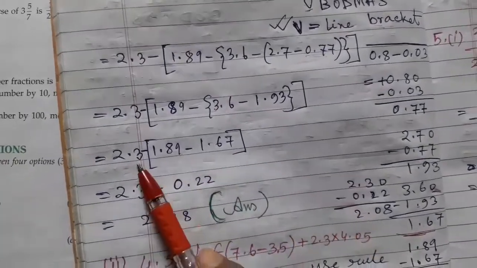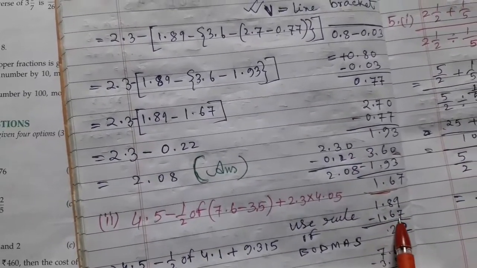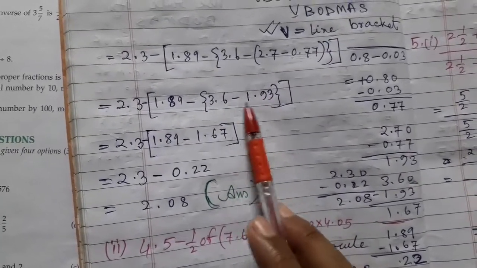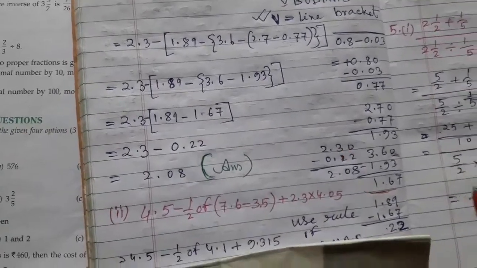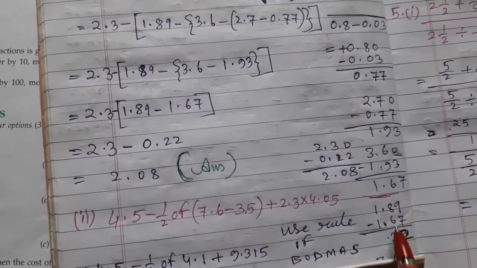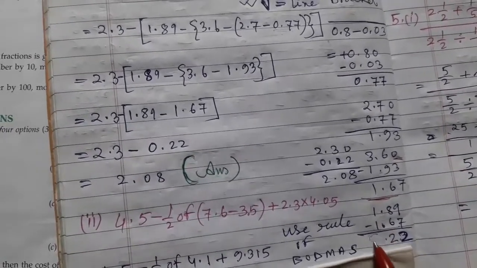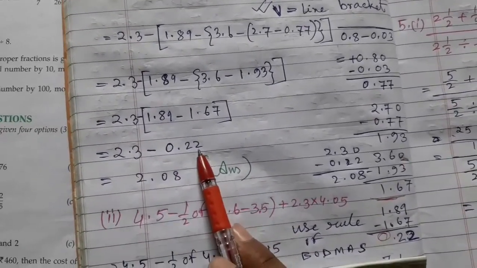Next, subtract it. 1.89 minus 1.67. Clear? Curly bracket done. Okay, next, rectangular bracket. 9 minus 7 is 2, 8 minus 6 is 2, 1 minus 1 is 0, okay, 0.22, clear.